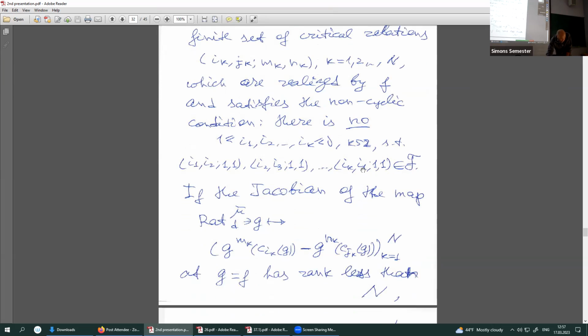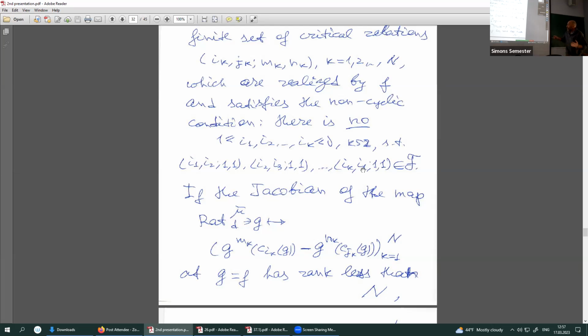So there is no cycle of such indexes. By the definition, a cycle is like this, where the iterates are always 1. Two critical points go to one, then there is another critical point going to the same. It can happen, but in the collection F that we choose, if this happens, we just cross it out. Don't include it.